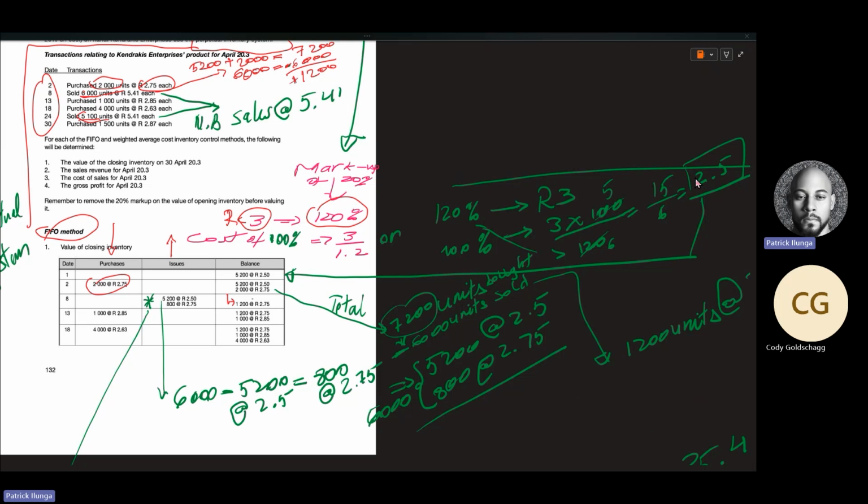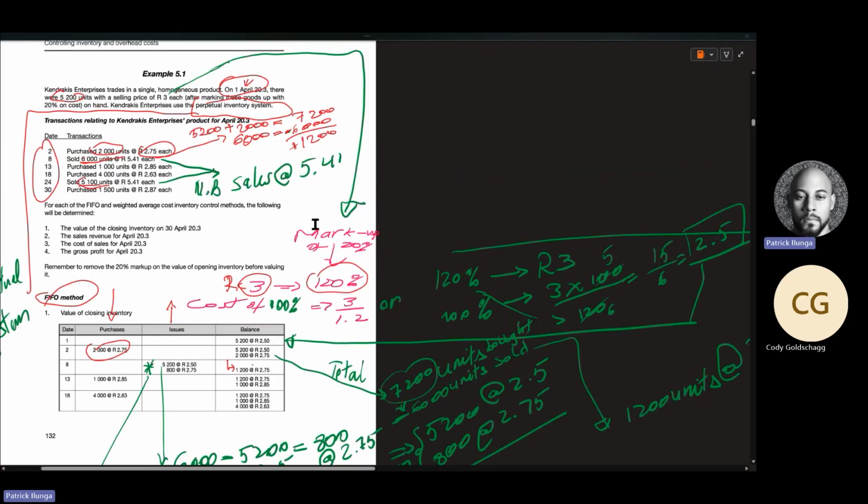That's how you work backwards. So the first batch of units that they have, 5,200 units, that batch was purchased at a cost of 2.5.